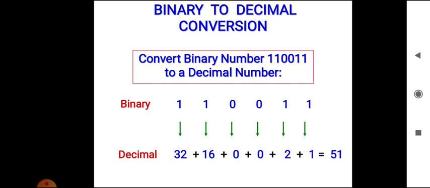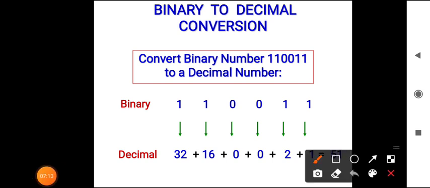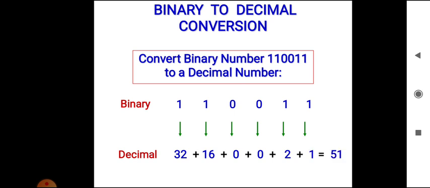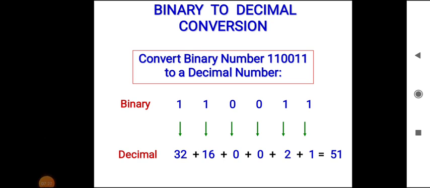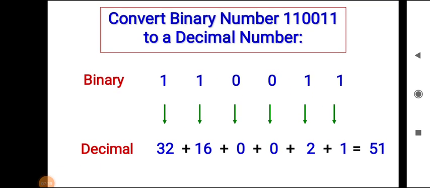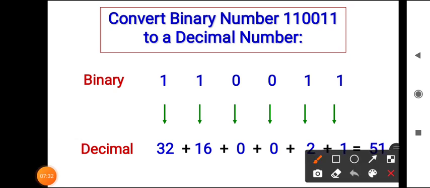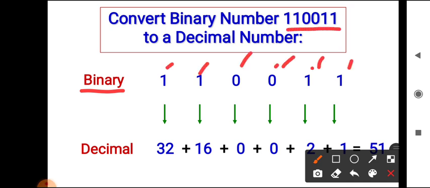See, I will show with a pen. Okay, this is the binary number that is shown here, 110011. First we have to write these binary numbers in sequence.